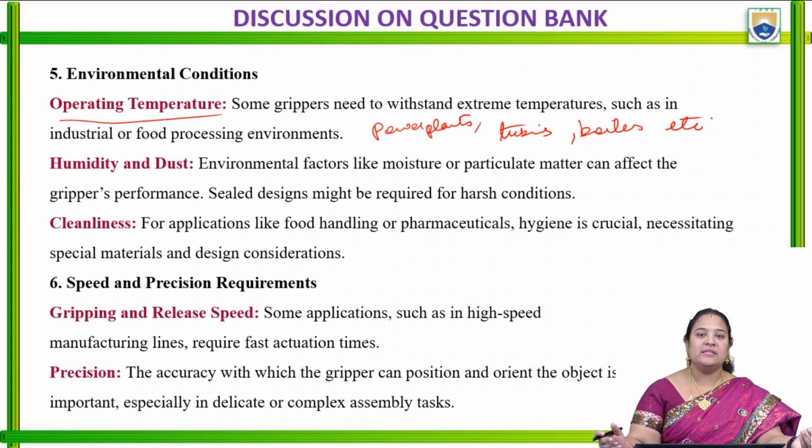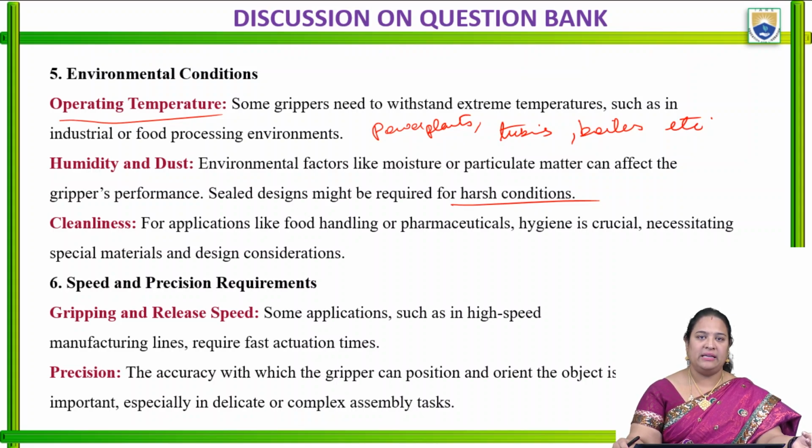So keeping all this in constraint, environmental factors like moisture can affect the gripper's performance. Keeping the humidity and dust in constraint, the environmental effects may damage or affect the gripper's performance, which may become harsh in conditions. Next, cleanliness.